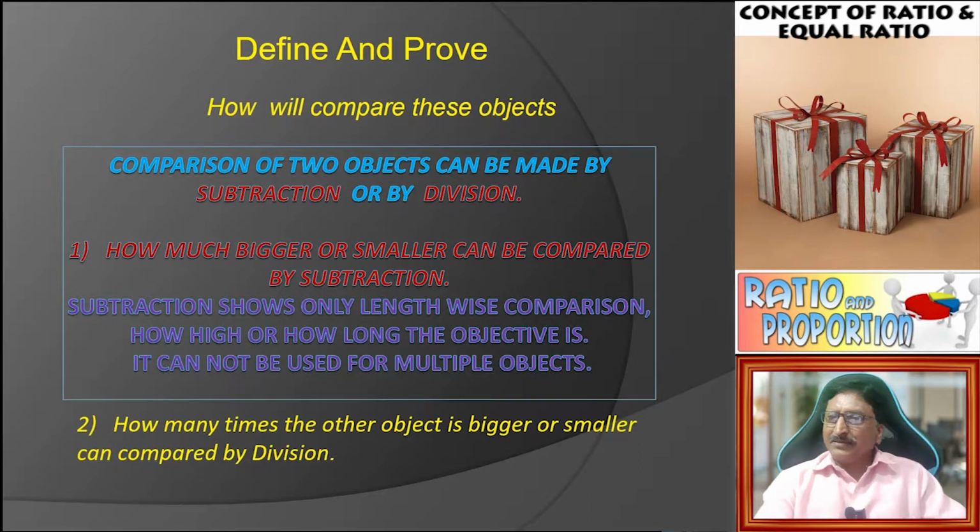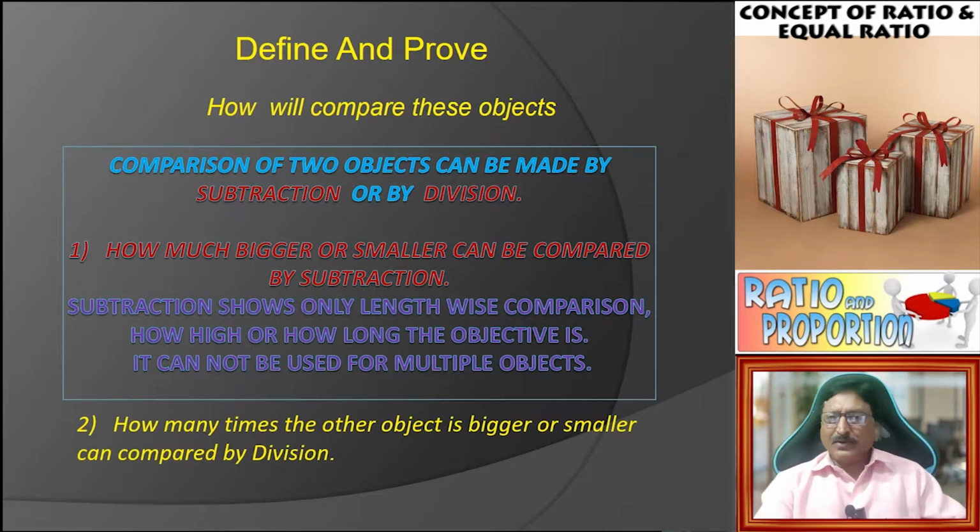Comparatively, we can say that the length of any object is how long as compared to another. In the first figure, we have seen that the length of pencil was 8 centimeter more than the chalk. We have seen the volume of the first cuboid was 56 cubic centimeter more than the volume of cuboid V2.